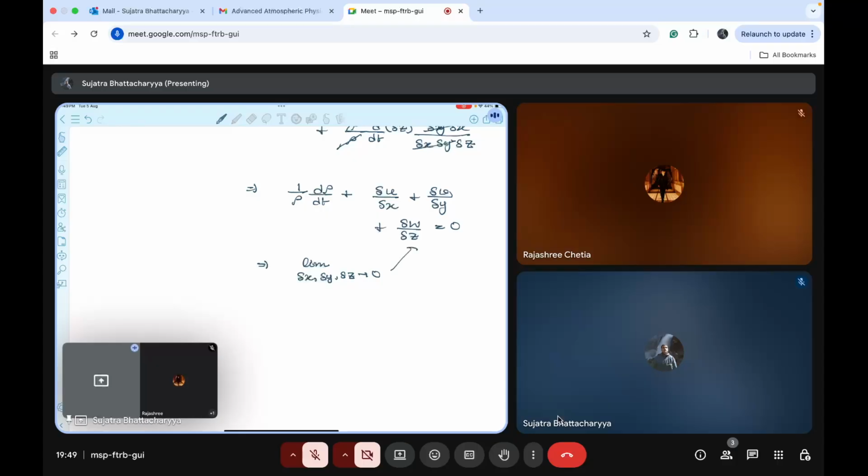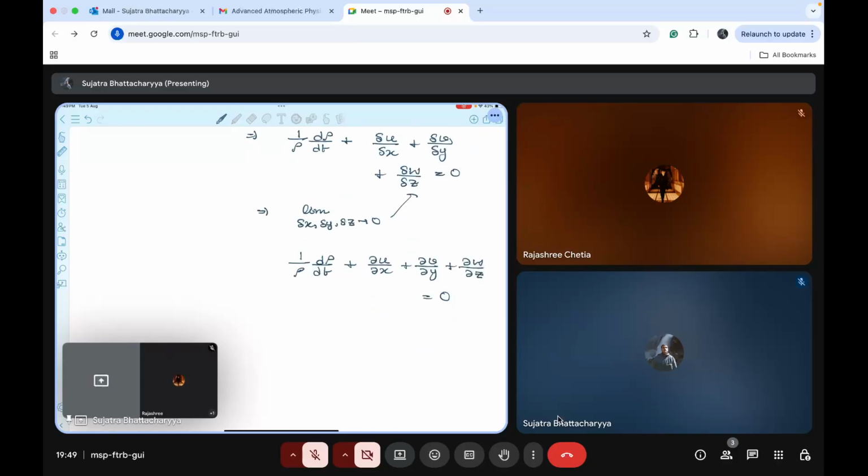You put this here. So you get 1 by rho d rho/dt plus du/dx plus dv/dy plus dw/dz will be equal to 0. Or in a much better way to write: del dot v is equal to 0.